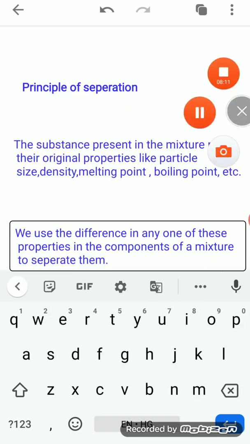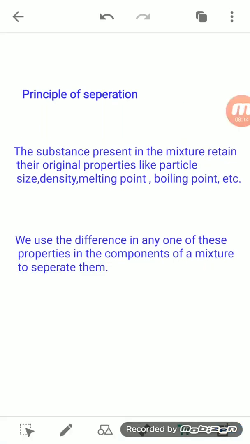So these are the two principles of separation of the components.